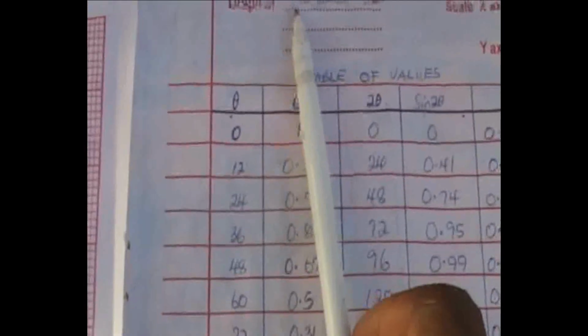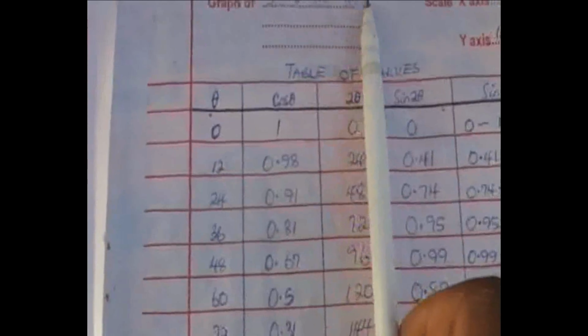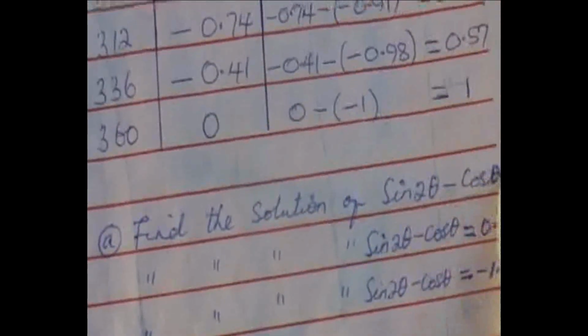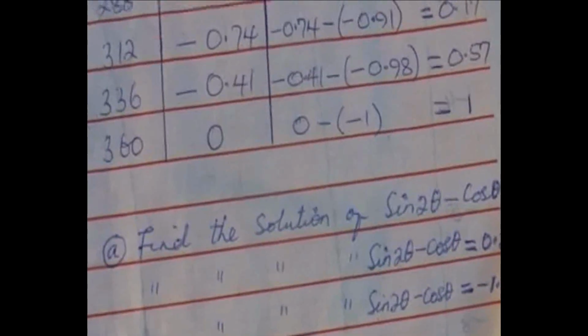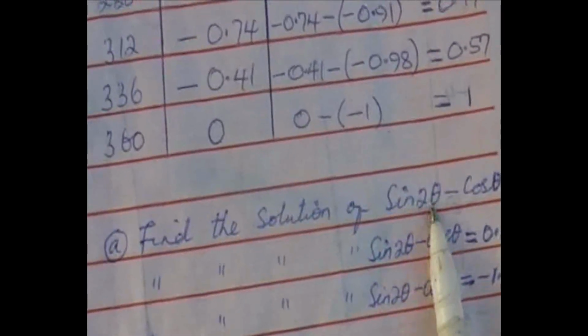You can see it here. This is the graph of y is equal to sine 2 theta minus cos theta. So what they are asking you now is, what is the value of theta when y is 0, or when sine 2 theta minus cos theta is 0.